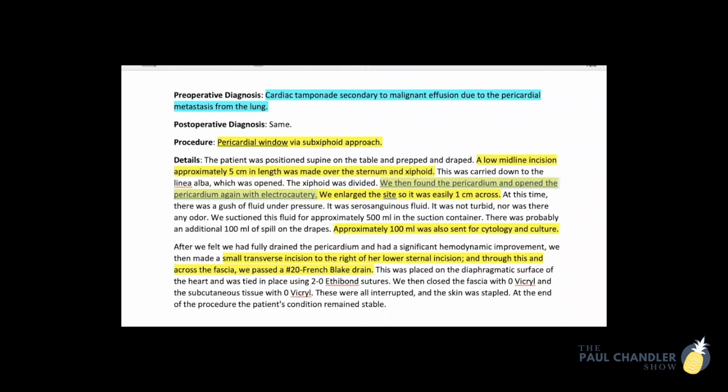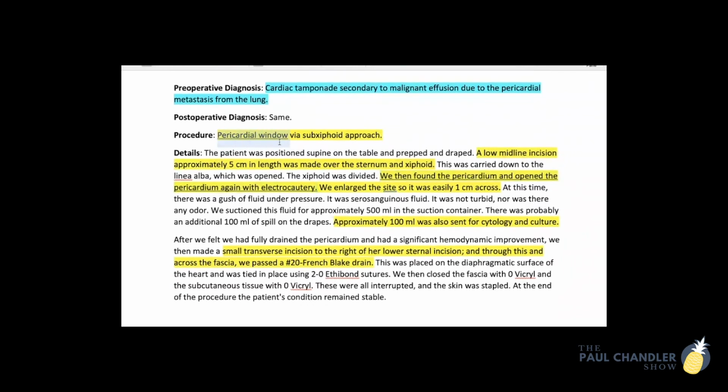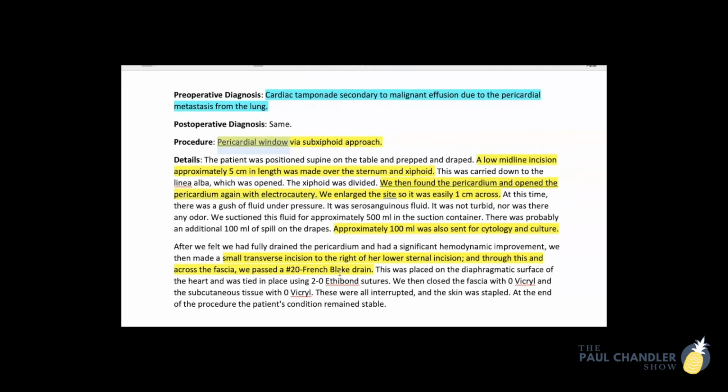Again, with code 33025, scrolling back, I'm in the pericardium section, and then creation of a pericardial window, which was done. And then for drainage, and there I go for the drainage.